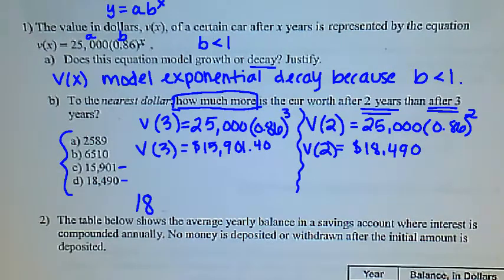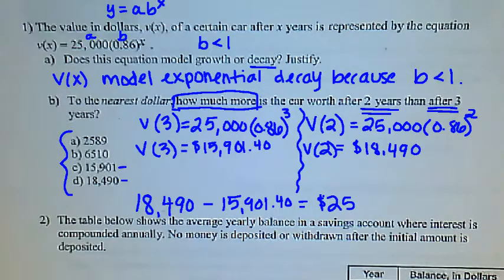So 18,490 minus 15,901. If you subtract those, you will get 2,588 and 60 cents. So to the nearest dollar, that would be choice A.